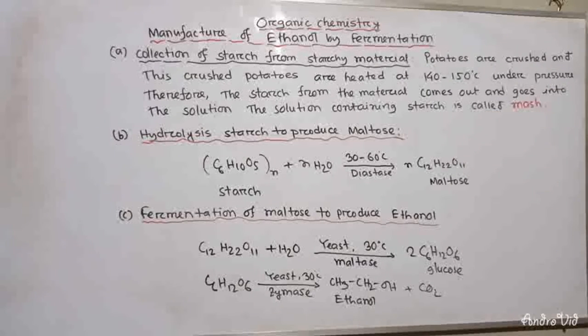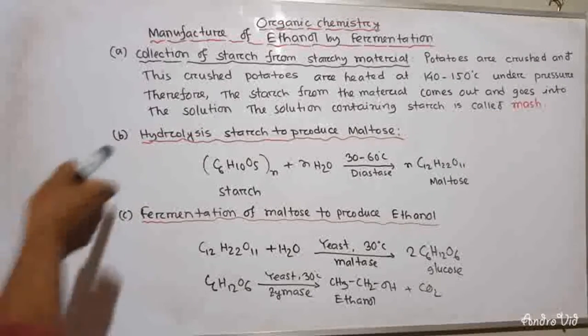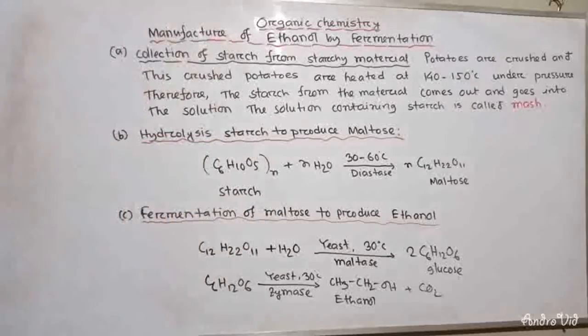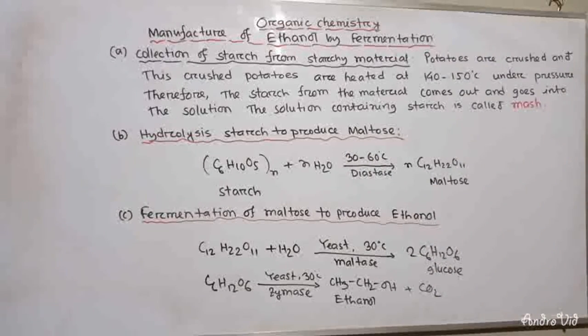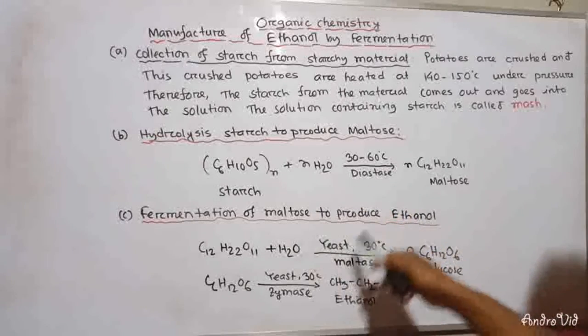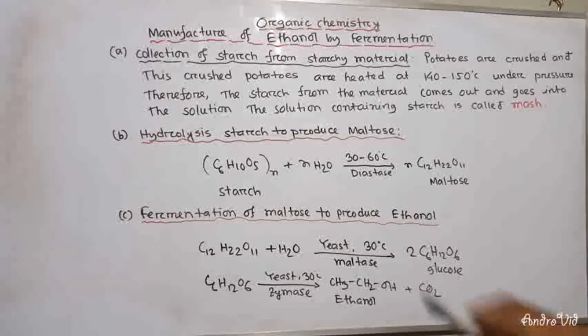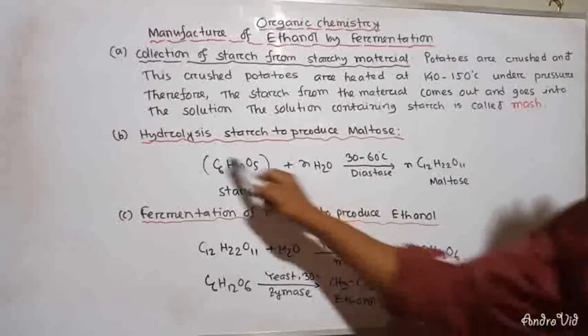Now the second step is hydrolysis of starch to produce maltose. Now I have to convert the starch into maltose. If you want to convert starch into maltose, you have to carry out the reaction in the presence of the enzyme diastase. The enzyme diastase can be produced from starch.